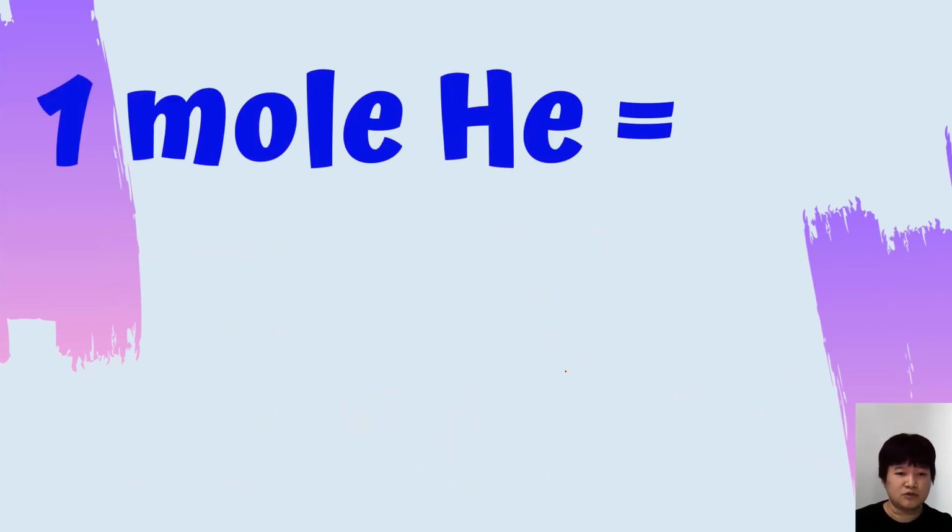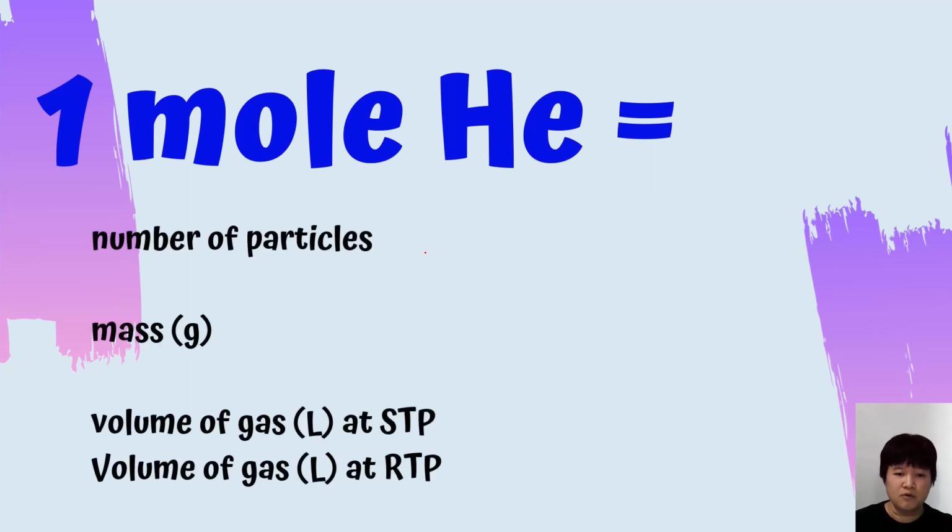So let's look into some examples. I have 1 mole of helium. So 1 mole of helium is equal to 6.02 times 10 to the power of 23 helium atoms. And the mass of the helium is the relative atomic mass of helium, which is 4 grams.